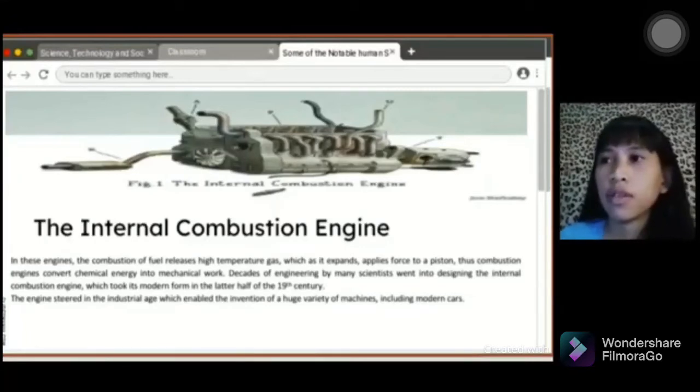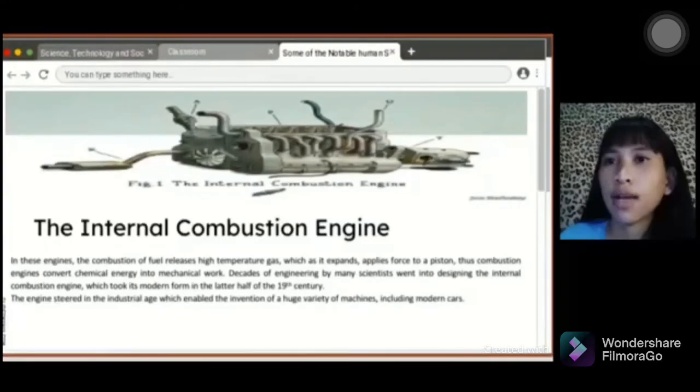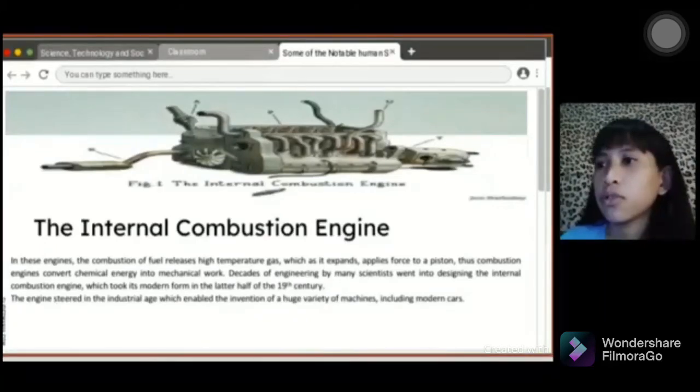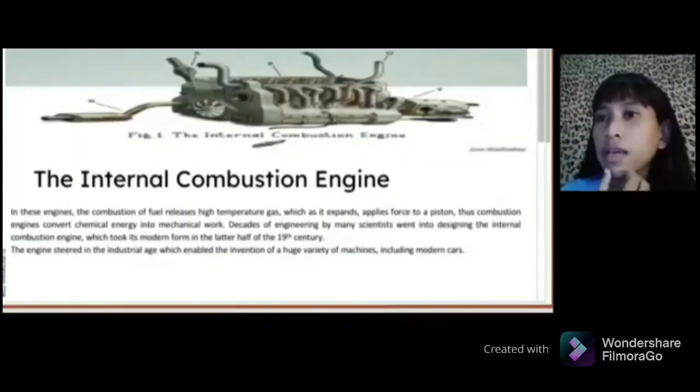In these engines, the combustion of fuel releases high temperature gas which, as it expands, applies force to a piston. Thus combustion engines convert chemical energy into mechanical work.